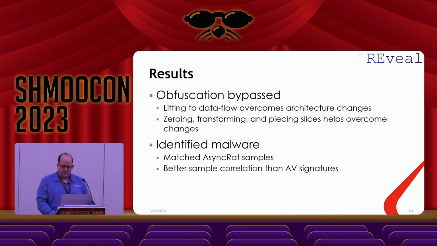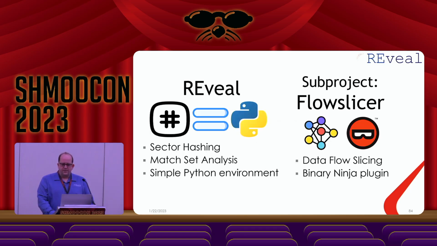Now, this project, it's actually on GitHub as two different projects. Reveal, the main project, just does vector hashing, so you could get started today if you don't have a Binary Ninja license. And the sub-project Flow Slicer uses Binary Ninja to lift and pull those data flow intermediate language slices and do all the slicing out of it.